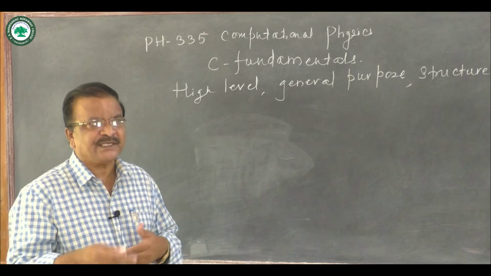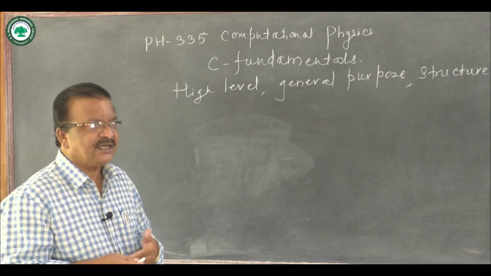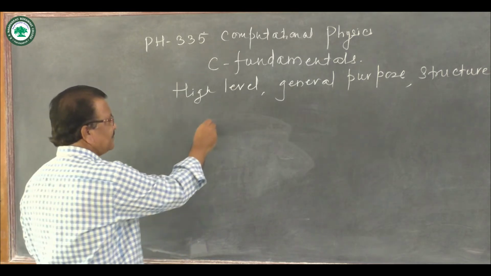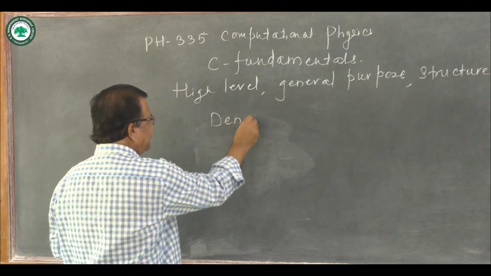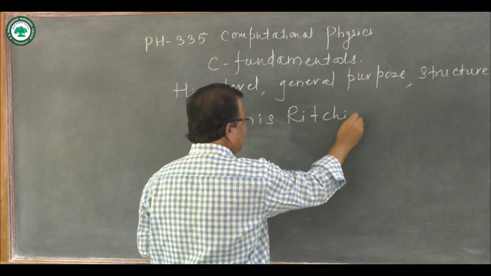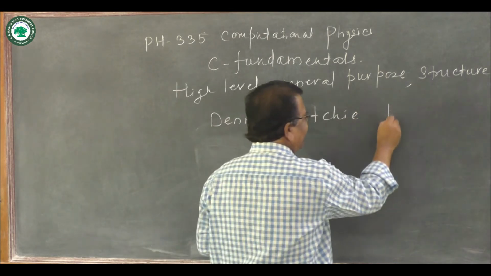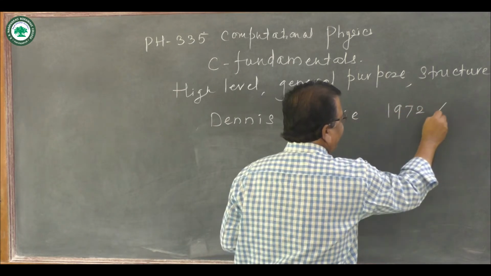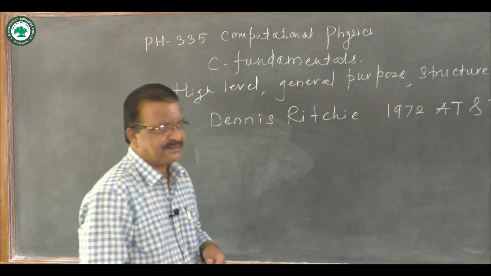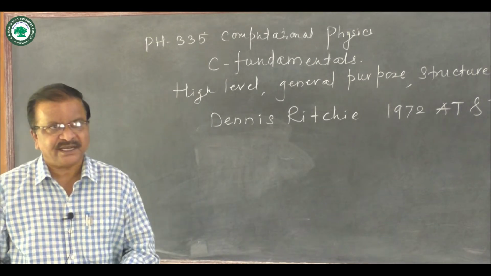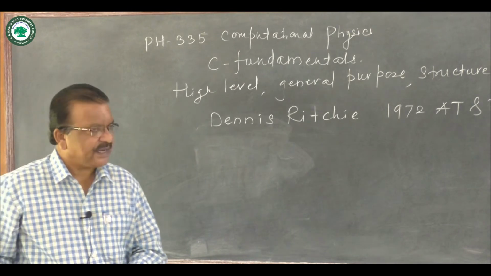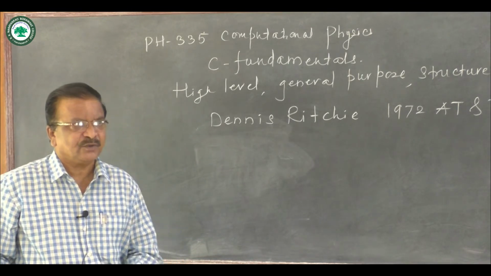Then if we go to the history of C language, it was originally designed and written by a scientist named Dennis Ritchie in 1972 at AT&T Bell Laboratories in the United States.